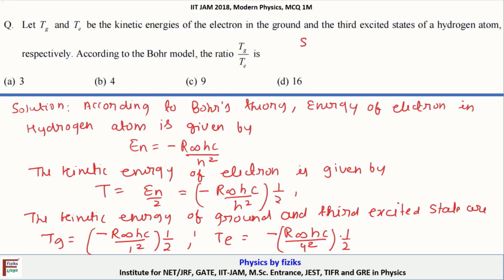So Tg by T is equal to minus R infinity Hc into 1 by 2 divided by minus R infinity Hc by 4 square into 1 by 2, that gives us 16.